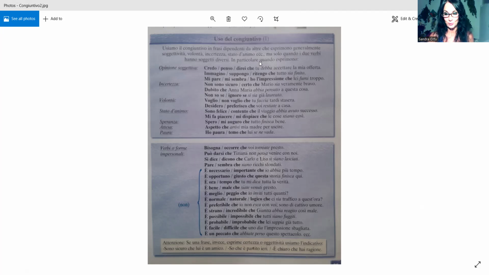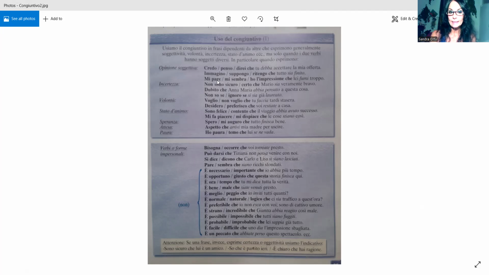And then you give your basically opinion. Immagino, I imagine. Suppongo, I suppose. Ritengo che. Ritengo is very similar to I believe. No, I can't think of a closer verb in English. However, it's like I consider or yes, I believe really.